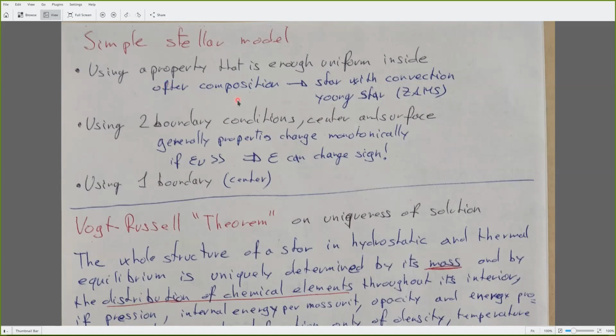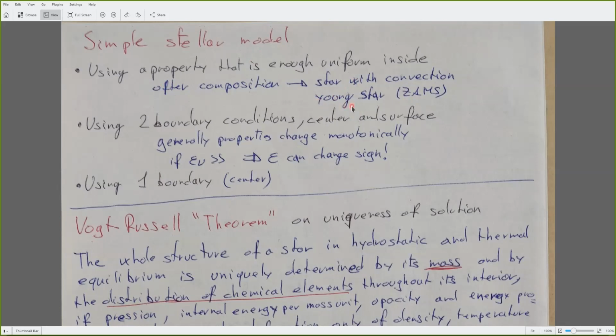Usually, it's the composition that is considered. And even if we saw that the composition changes over time, we can have some examples where a star with a uniform composition makes sense. If a star has good convection inside, it's mixed, maintaining the composition uniform.